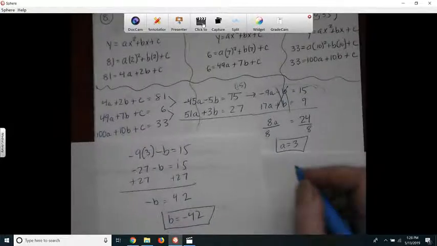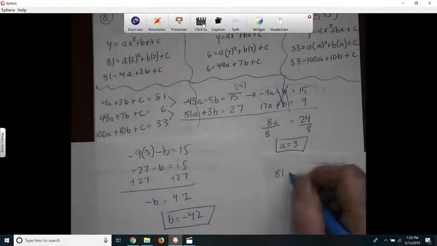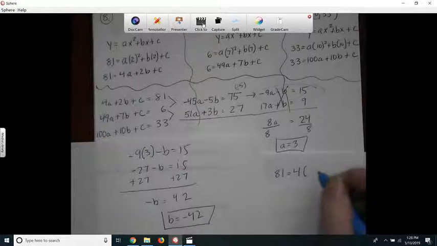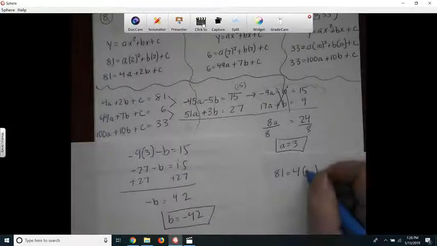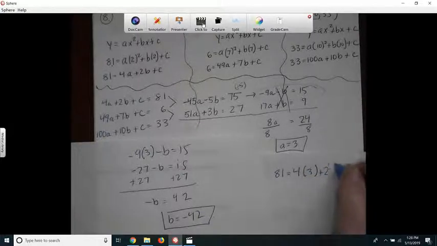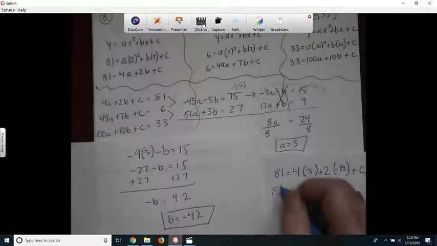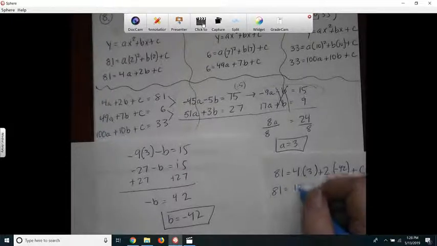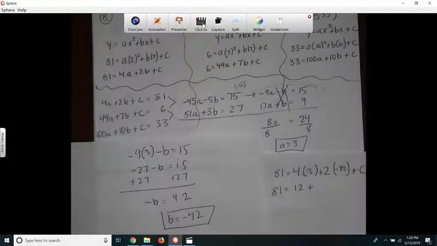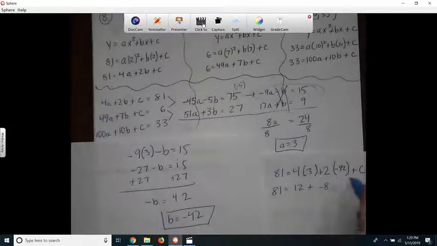I'm going to say 81 equals 4 times A, but A is 3, plus 2 times B, B is negative 42, plus C. 2 times 42 would be 84.